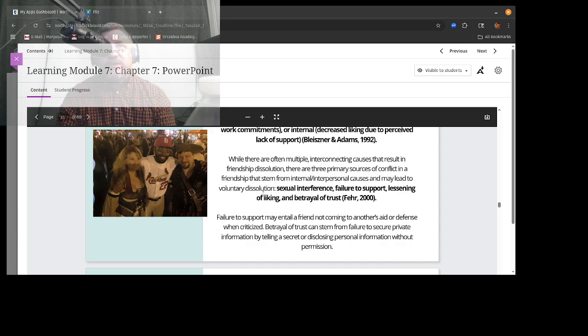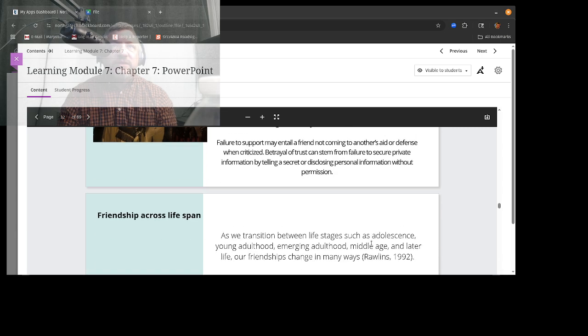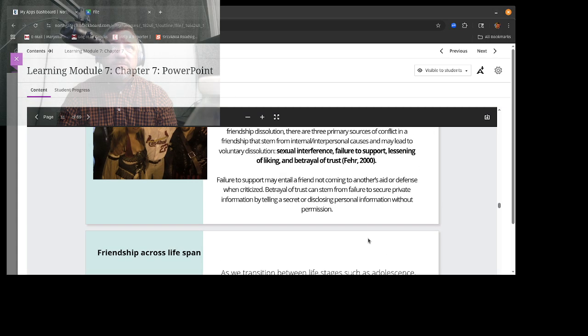They're generally internal or interpersonal causes: sexual interference, failure to support, lessening of liking each other, or betrayal of trust. I don't think I really need to dive deeply into those, right? We understand those. So, failure of support means a friend not coming to your aid or defense when you're being criticized. Betrayal of trust may stem from failure to secure private information. They tell your secrets, right?